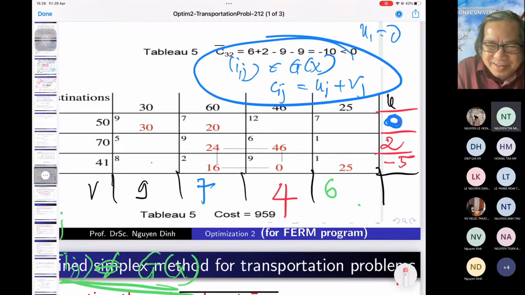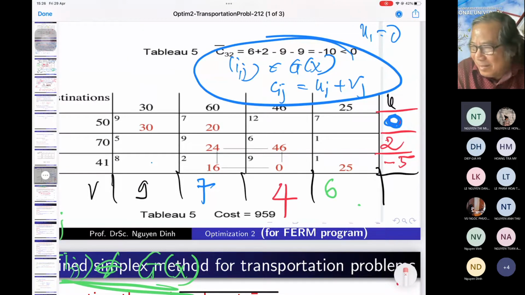I think we should specify one u first, for example u1, and then use the iteration to find where C bar ij equals 0, and then find other ui and vj. Just a moment. C bar ij equals 0 where? You use the programming to, for example, C up 1 equals 0.